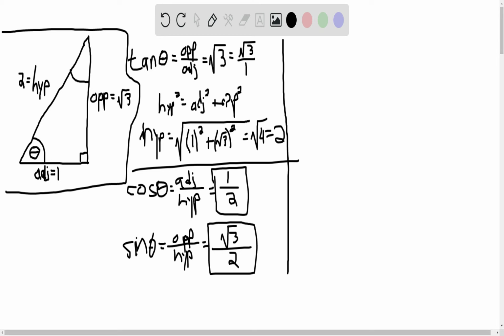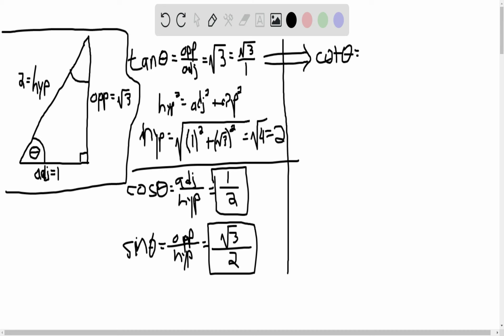Now, the remaining 3 trigonometric ratios are inverses of the 3 that we've already defined: tangent, cosine, and sine. We'll start with the cotangent, which is the inverse of the tangent function.